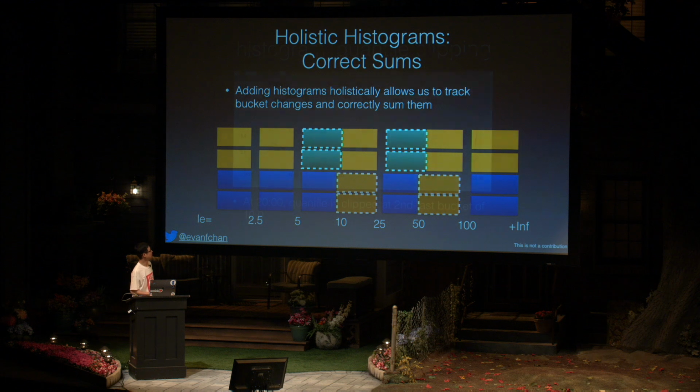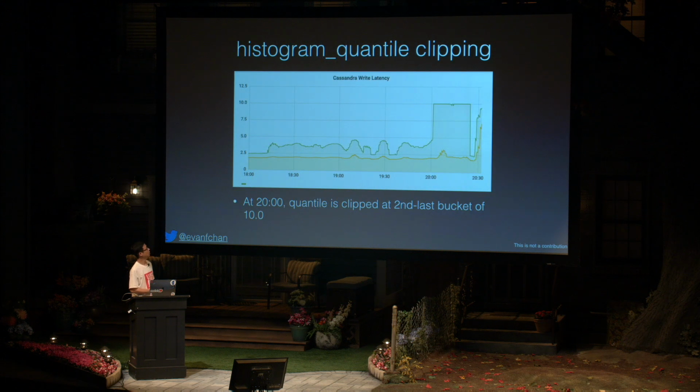Another issue that you might have seen is one of clipping for your histogram graphs. Has anyone ever gotten anything like this? So the reason why there's clipping is that when you have these fine-grained buckets, Prometheus will actually add a last bucket, which is plus infinity, to capture anything over the last bucket that you defined.